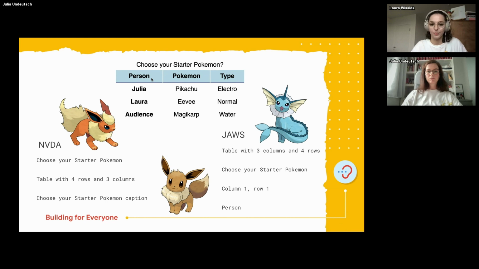Something that's also good to know about tables in general, if they are too complex, because not every table is just 3 columns and talks about Pokemon. Some are very, very advanced, especially if you're using Excel, you will get tables in there.